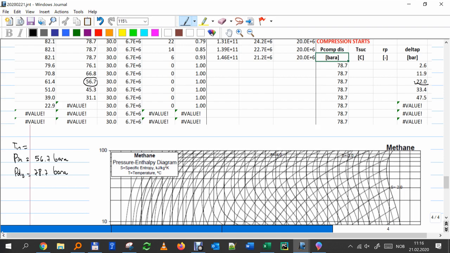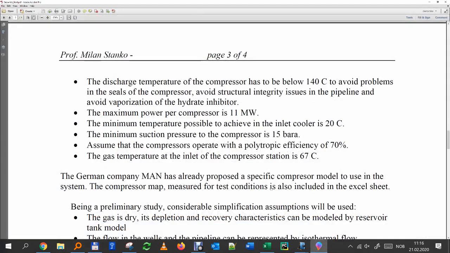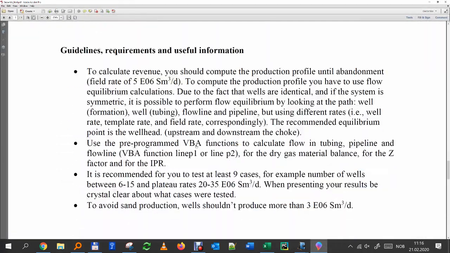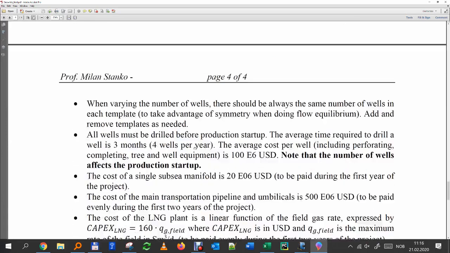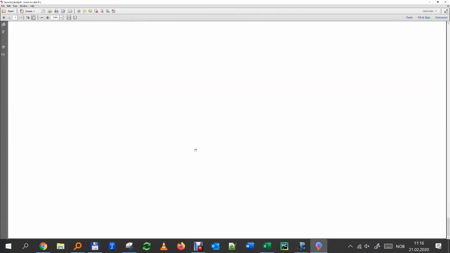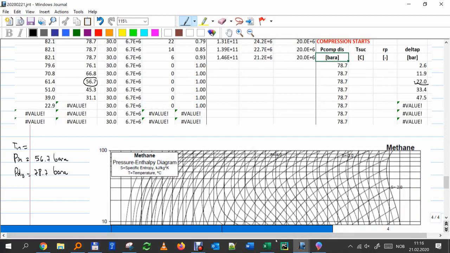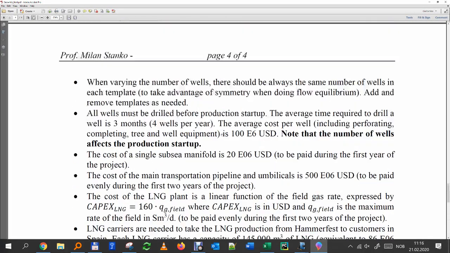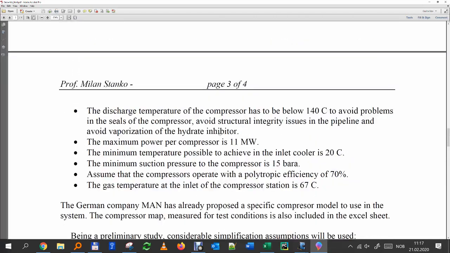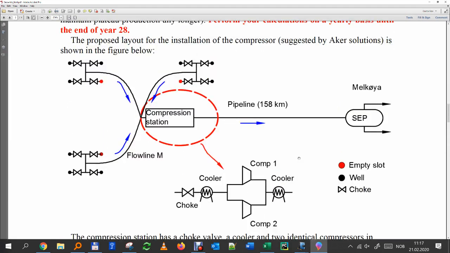I think it's in the PDF document. Not this document, but this is here, I think. 67. We know from the initial proposal they gave that we can have a cooler here.